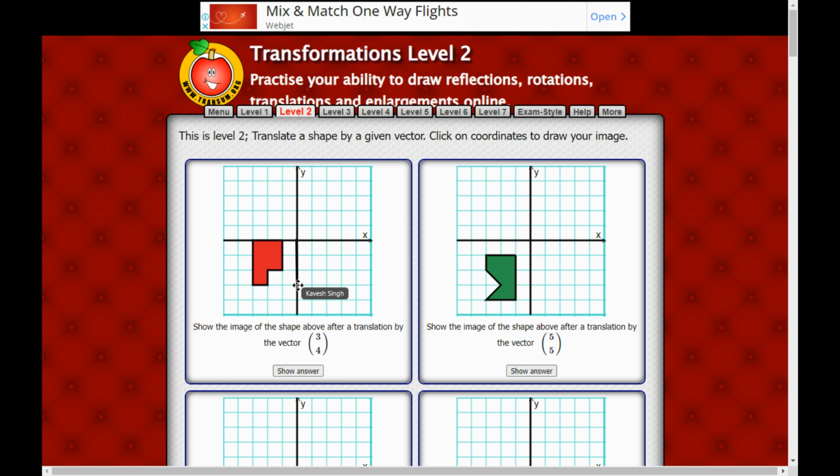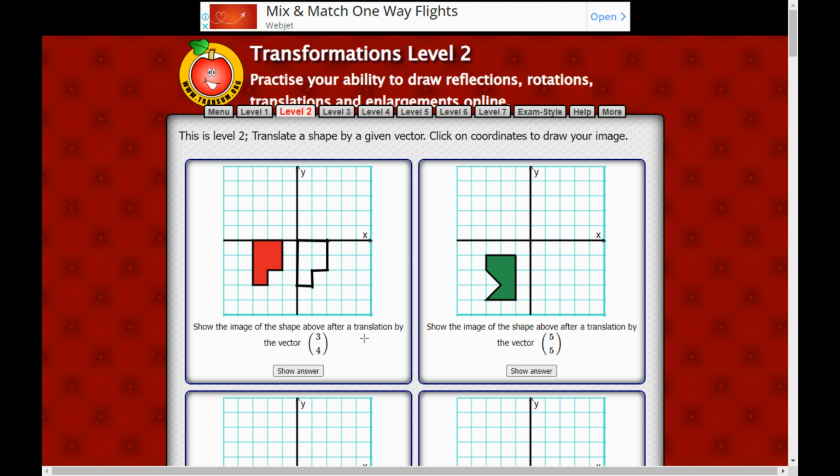And from there, I would then draw all the others in there. So I would put this here, this down, like that, this way. I've now translated the entire shape 3 units to the right.